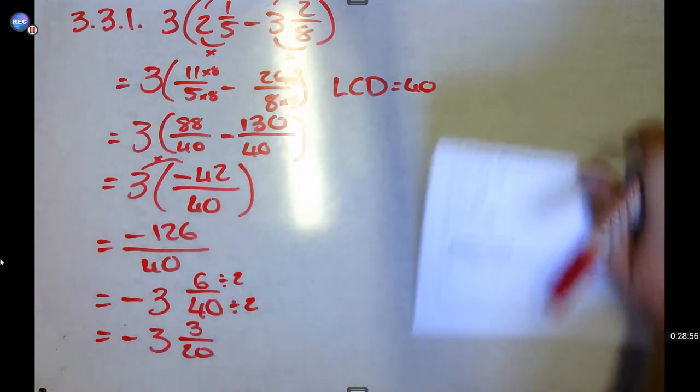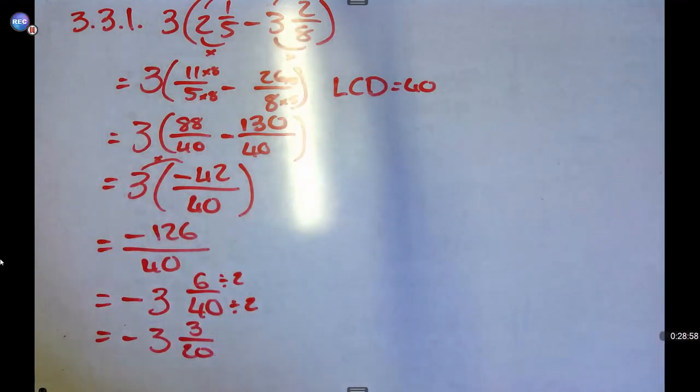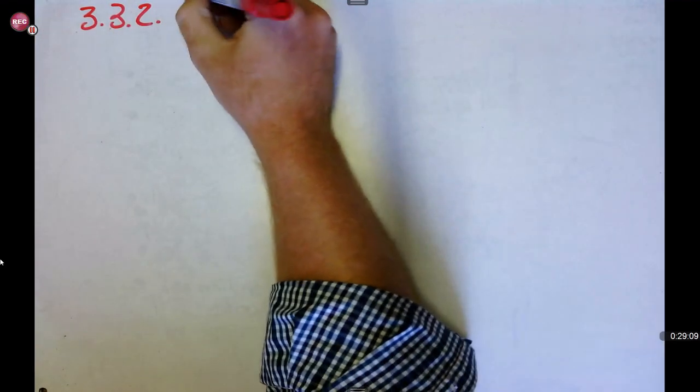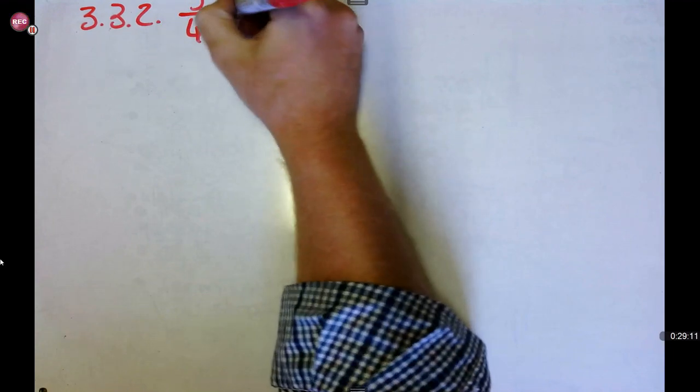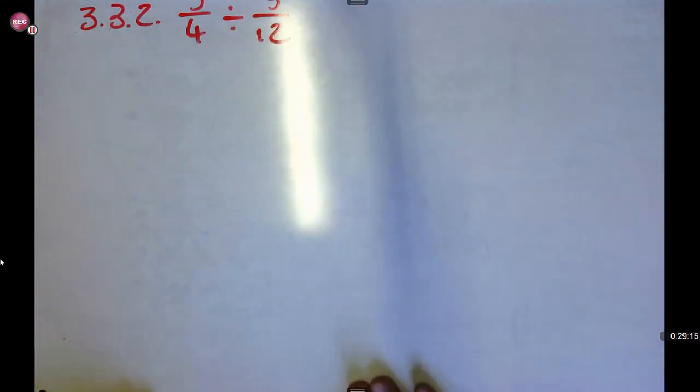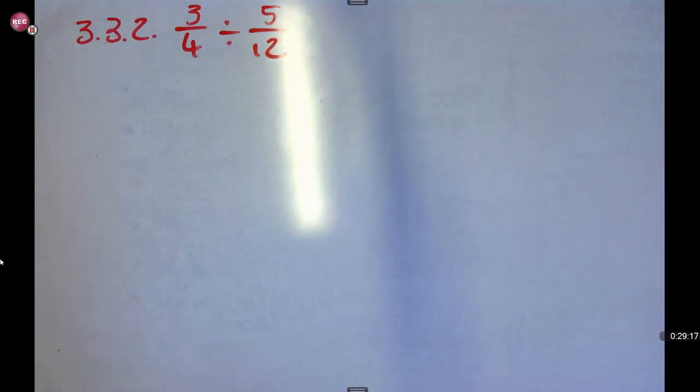Let's jump into our next question, and that would be 3.3.2. So 3 over 4 divided by 5 over 12. This is an easy question. You need to follow the tip and times rule.